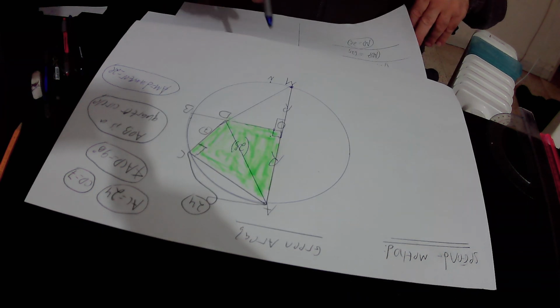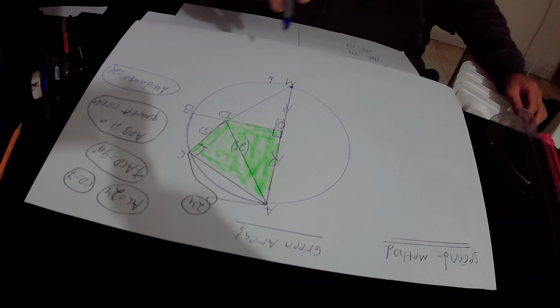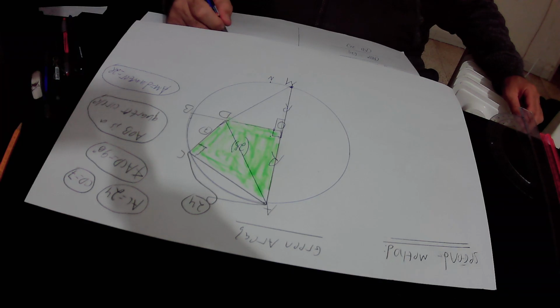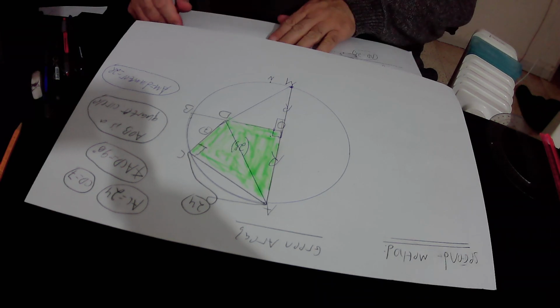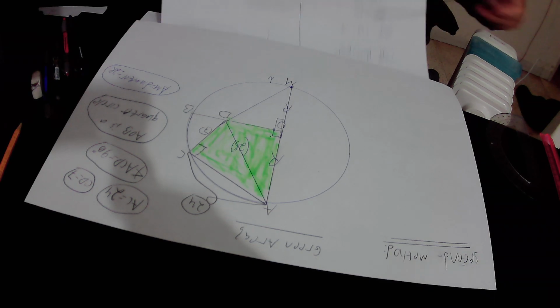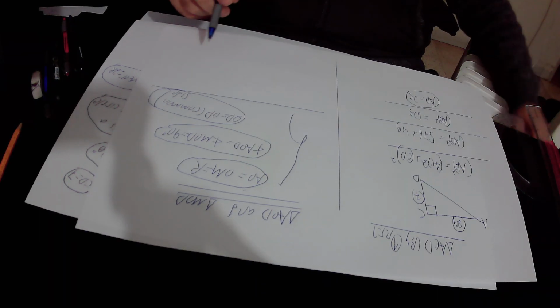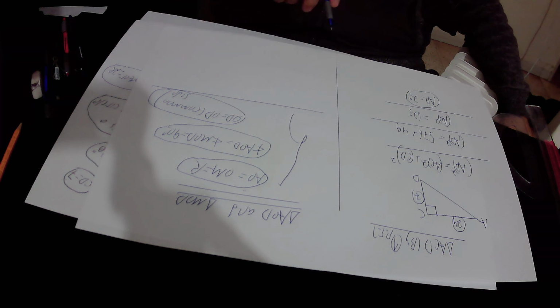And finally, side OD is the common side that belongs to both triangles, so we can write down that side OD equals itself, as a common side that belongs to both triangles.